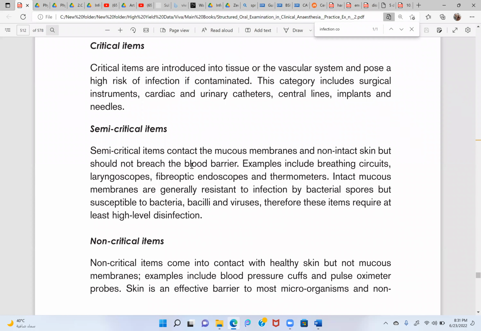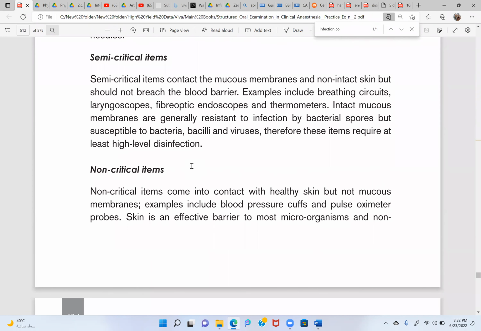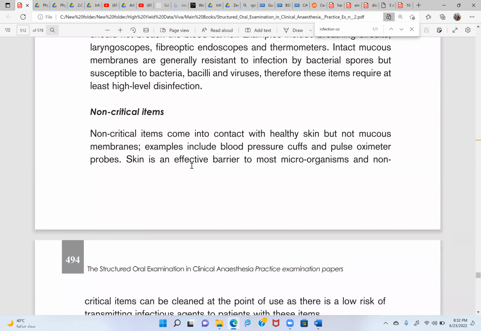Intact mucous membranes are generally resistant to infection by bacterial spores, but susceptible to bacteria, bacilli, and viruses. Therefore, these items require at least high level disinfection. And the third level is items in direct contact with healthy skin, but not mucous membranes, for example, BP cuff, pulse oximeter. Skin is an effective barrier.